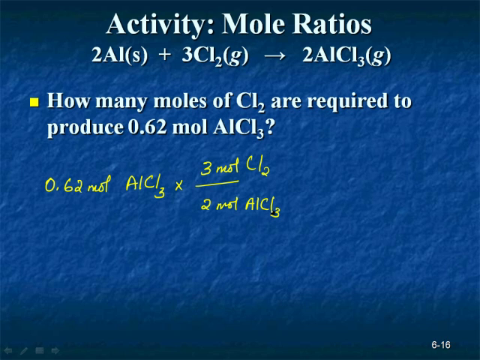So don't get confused when you read the question using different words. It means the same. Whatever you are given, carefully see what you are looking for. Use the mole ratio between those two items from the balanced equation. That's the crux of the problem. So cancel the units, and what do we have here?